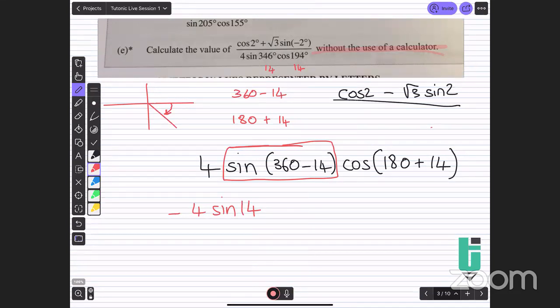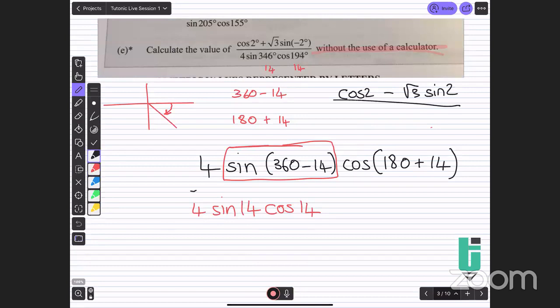It's in the 3rd quadrant, so it's going to be negative cos 14. Therefore this is going to be plus 4 sine 14 cos 14. Do you guys agree? Because negative times negative.